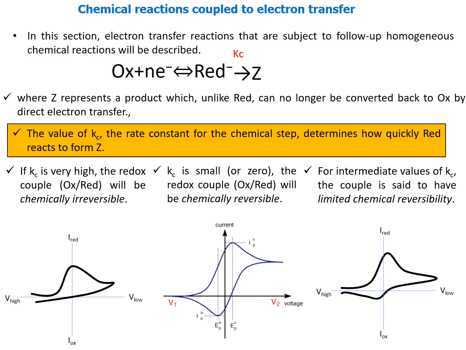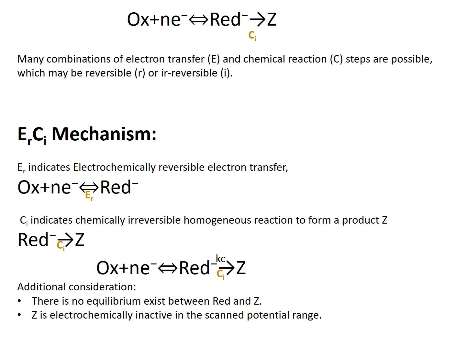Okay. So, we will see here chemical reactions coupled with electron transfer process. So many combinations of such electron transfer and chemical reactions are possible, and we will use some shorthand to identify those. Here E stands for electron transfer, R stands for reversible, C stands for chemical reaction, I stands for irreversible.